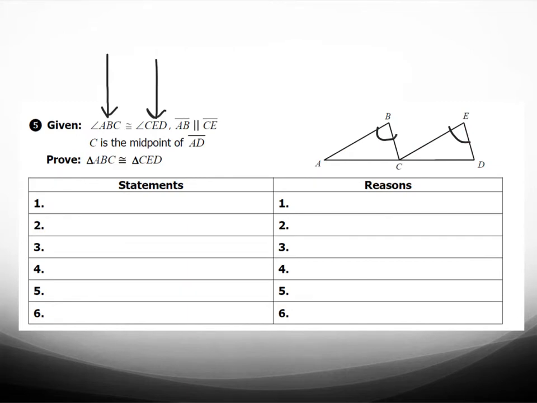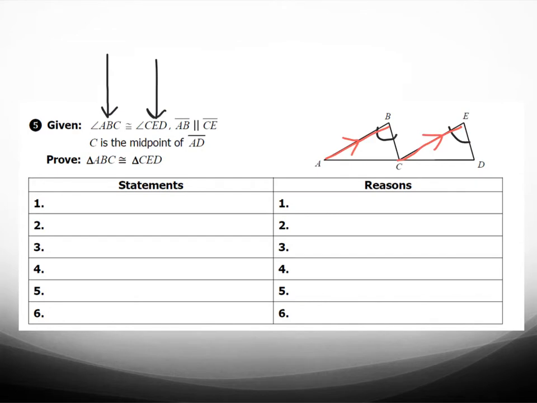Also, I'm given that line AB is parallel to CE. Now, we talked about it last time. When you're given parallel lines, there's going to be an angle relationship. However, keep reading. C is the midpoint of AD.